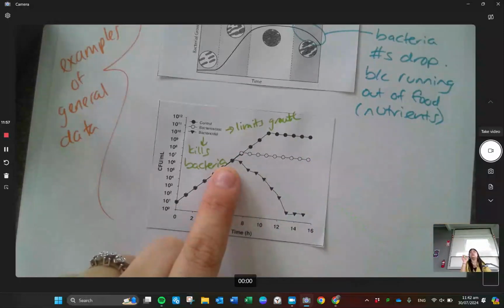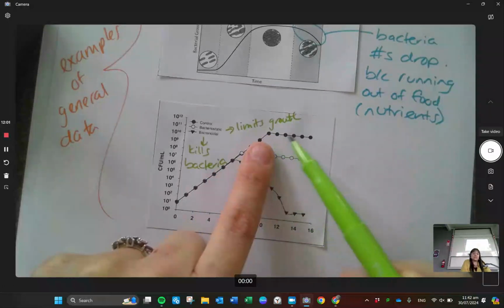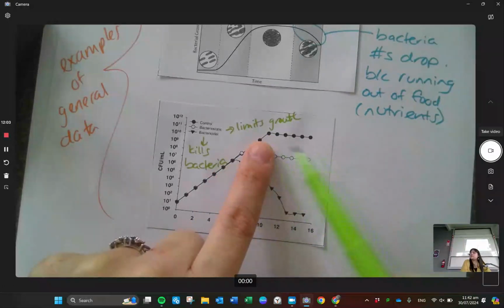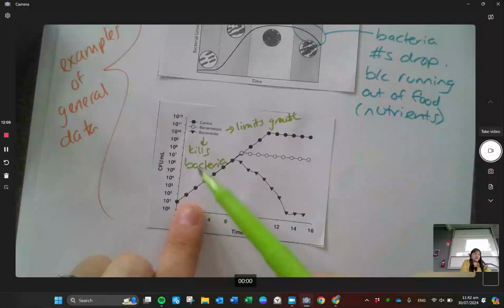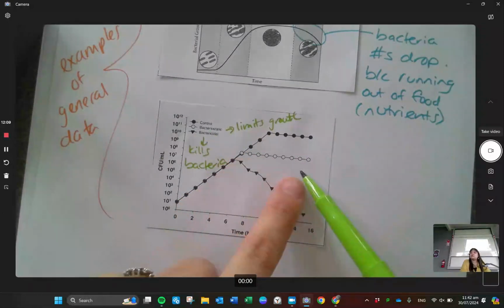All right, so as time goes on, they're growing, and then with the control, it's very important to include a control so that you know where the baseline is, it continues to grow and then plateaus up here. The white circles, the ones not colored in, grow, but not to the same amount.